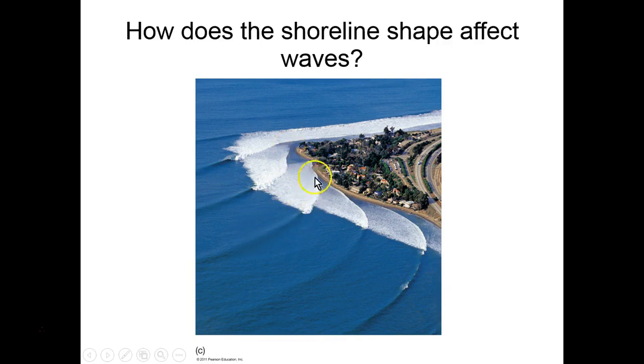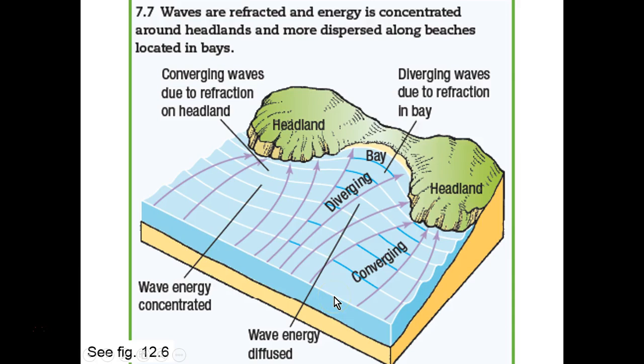And so you can actually see that happening where the wave is bending towards the land. And you should also notice all of this white water that seems to be around where the land is jutting out. So what that means is that the wave's energy is directed at the land that's jutting out, whereas a lot of the energy is not directed where the land is going in.